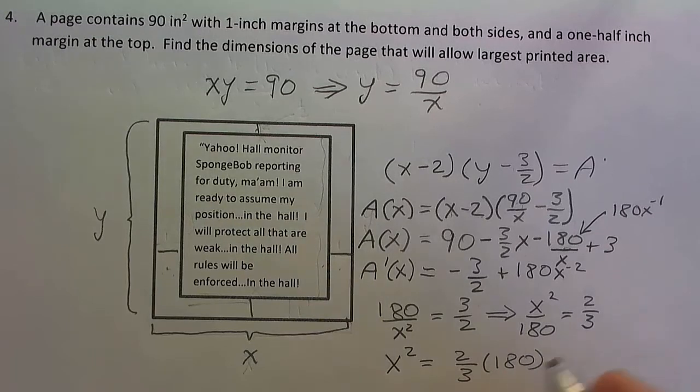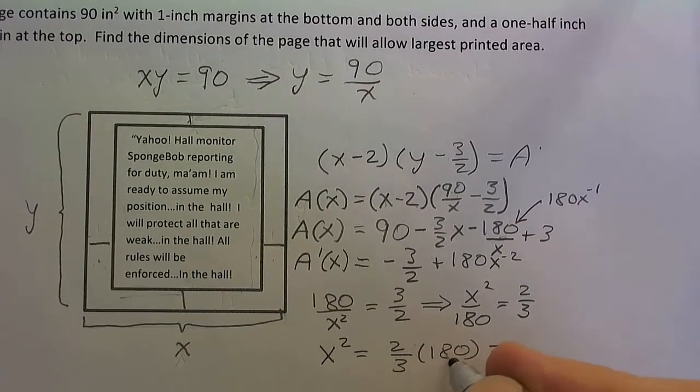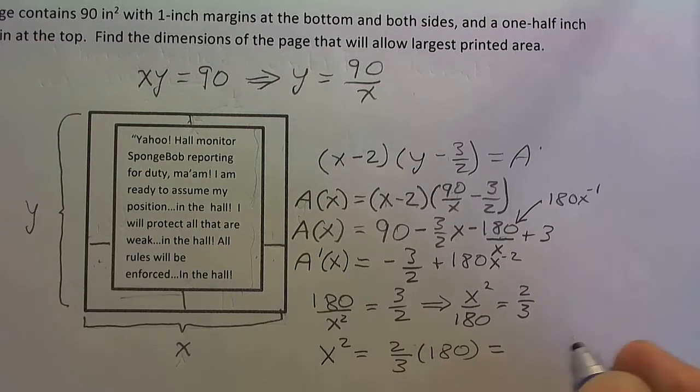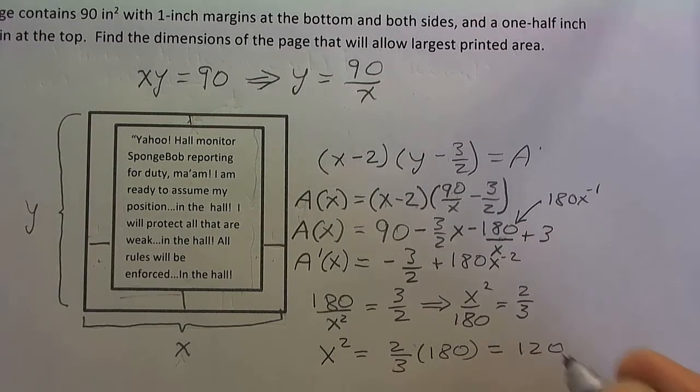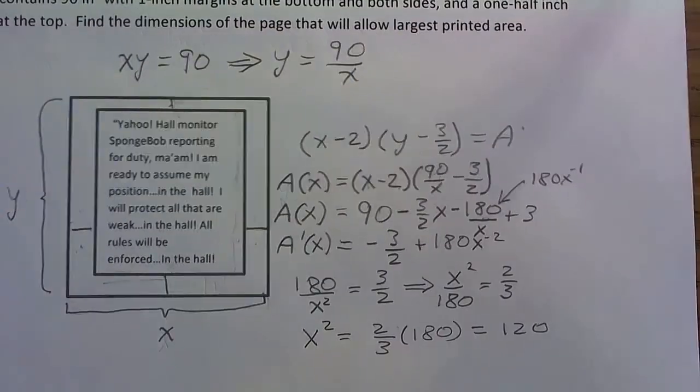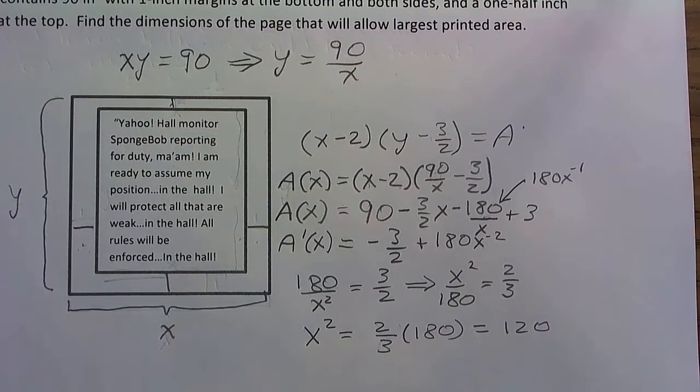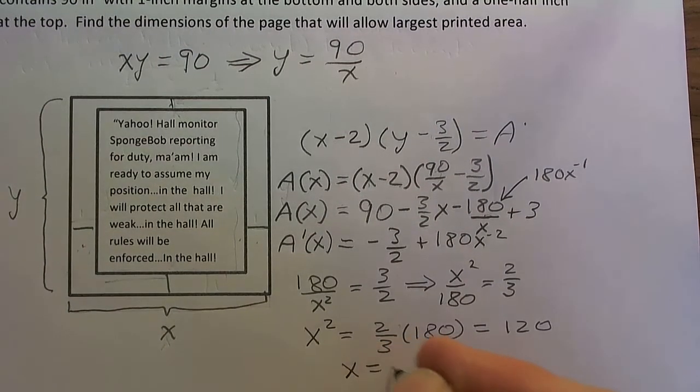2/3 times 180, and that will be, let's see here, 180 divided by 3 is 60, so this is going to be 120. And then I want to take the square root.